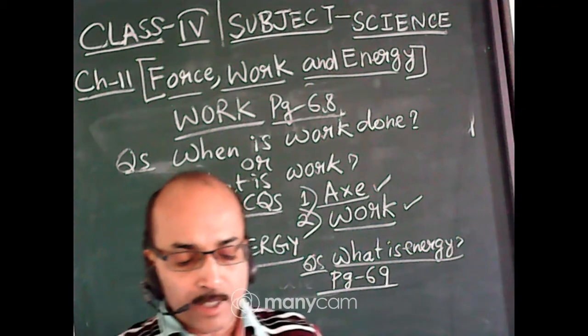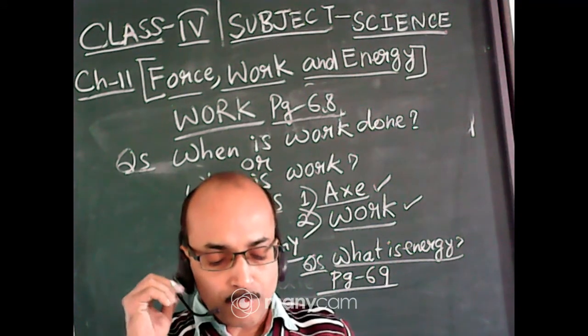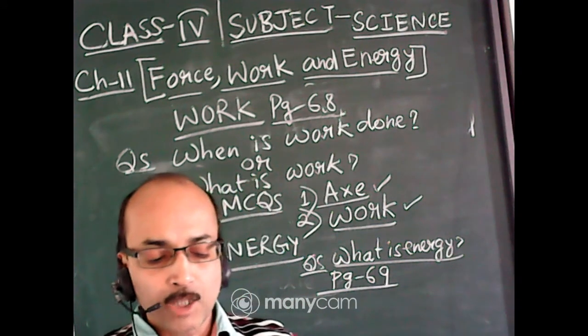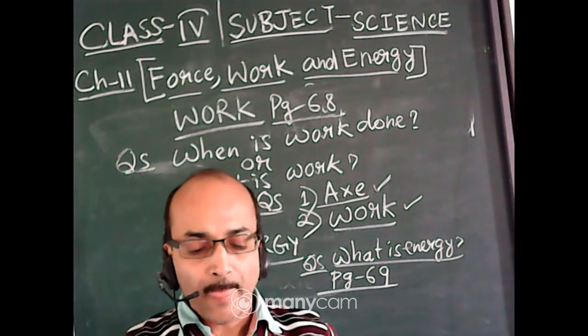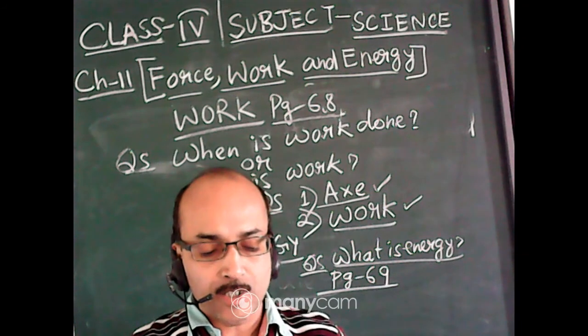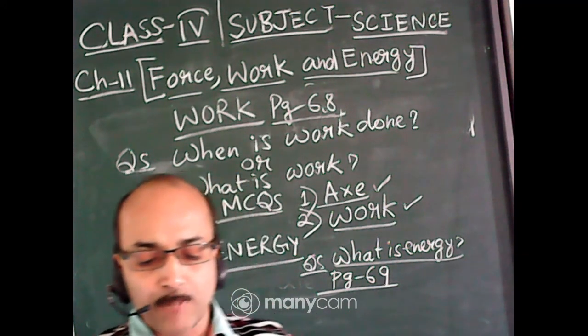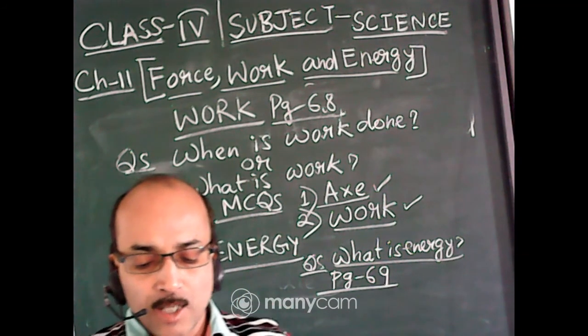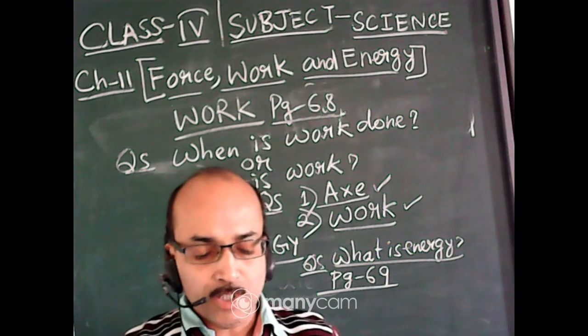Now change of energy. Energy can be changed from one form to another. Burning of fuels like wood, coal and petrol converts chemical energy present in them into heat and light energy. When we switch on an electric bulb, it gets lighted because the electrical energy of the bulb changes into light energy.